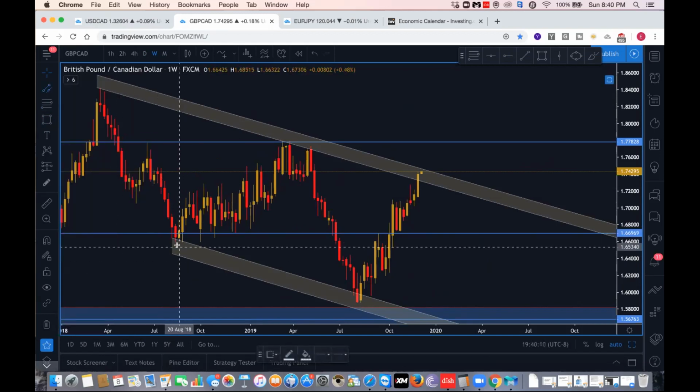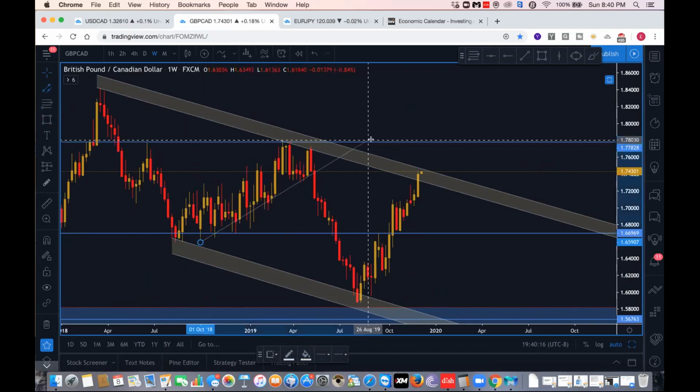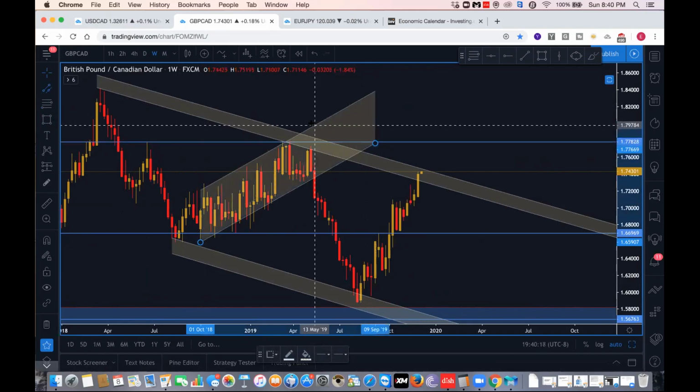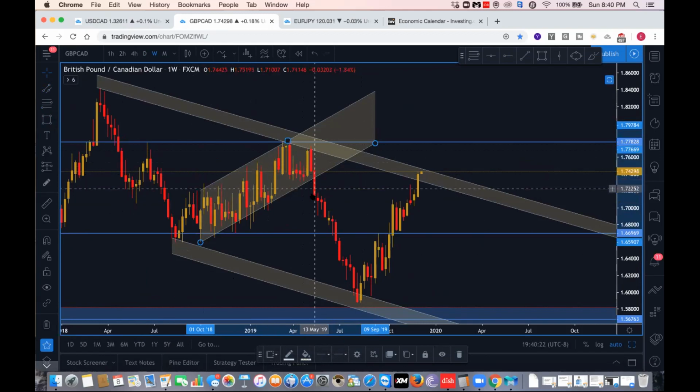Just like I have this parallel channel, if I would have drawn this here, this is all correction. Once price broke below this, it gave me the indication that we're going to look to head lower.